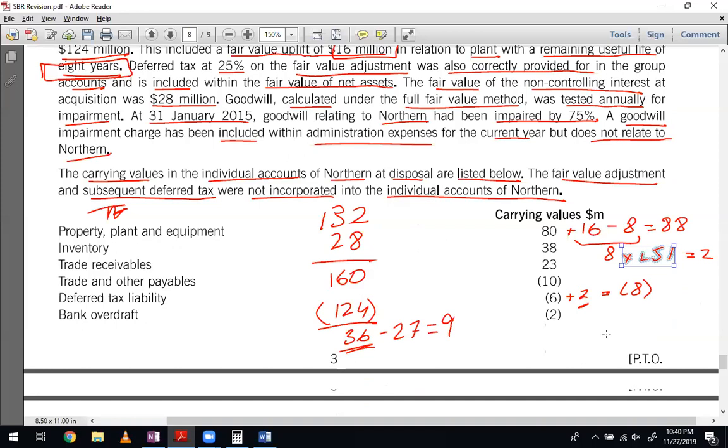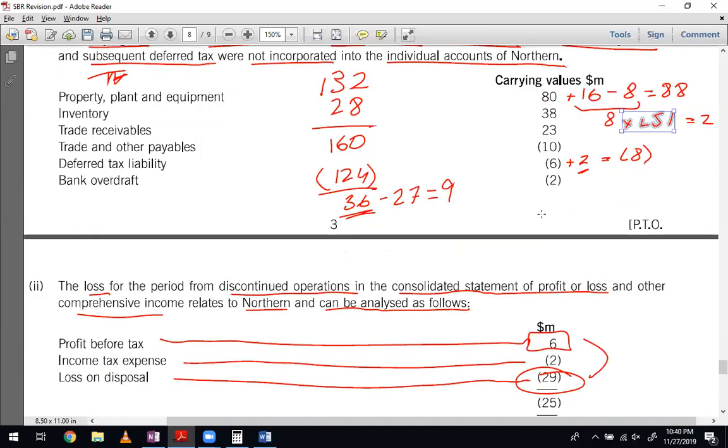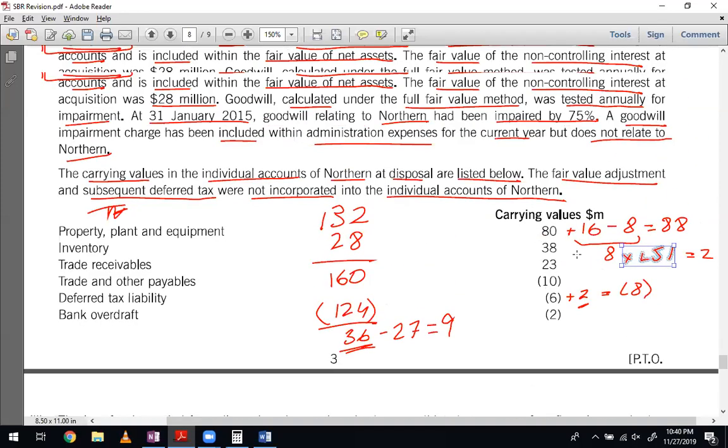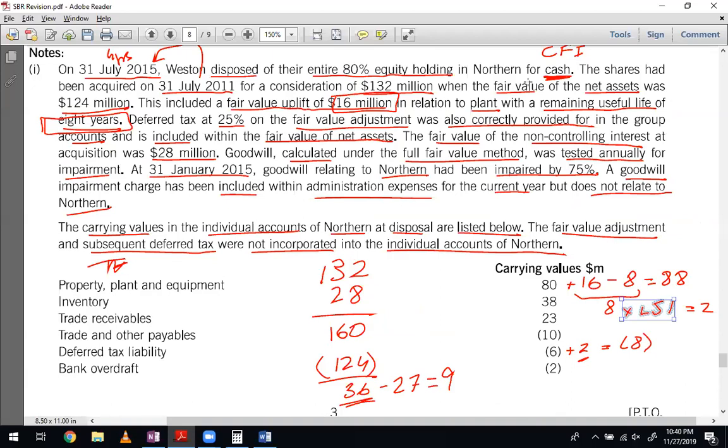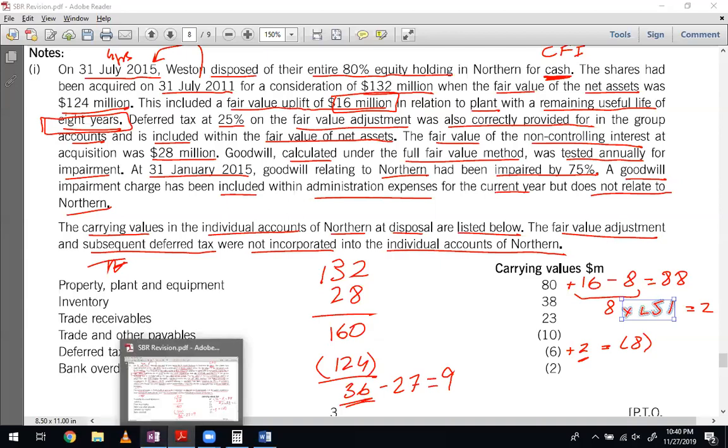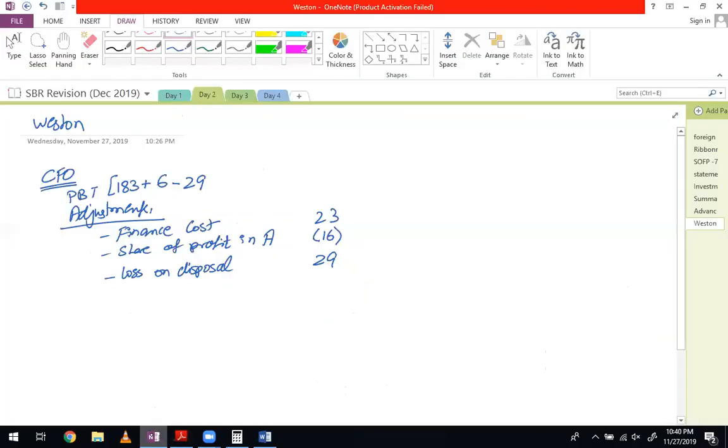So now if we read the question further, that's all in the adjustment. Now the question didn't tell us exactly at what price we have sold the subsidiary. Cindy is saying, sir, how come only on property, plant, equipment?